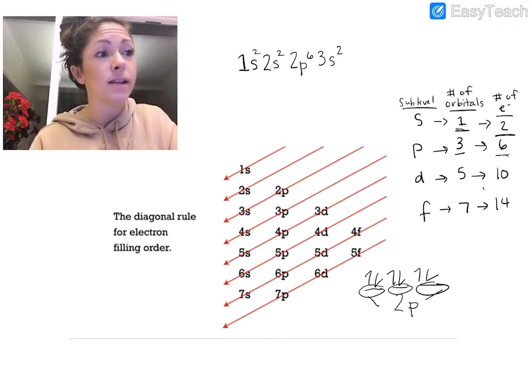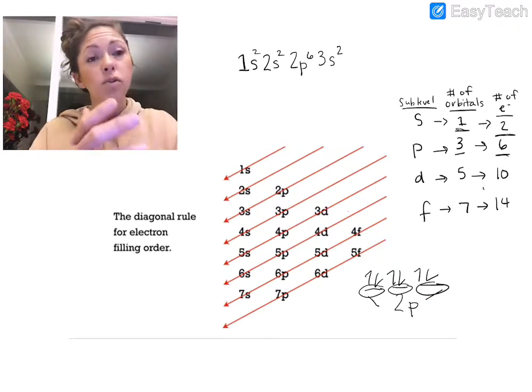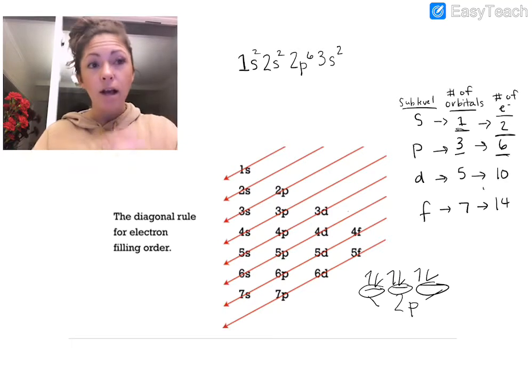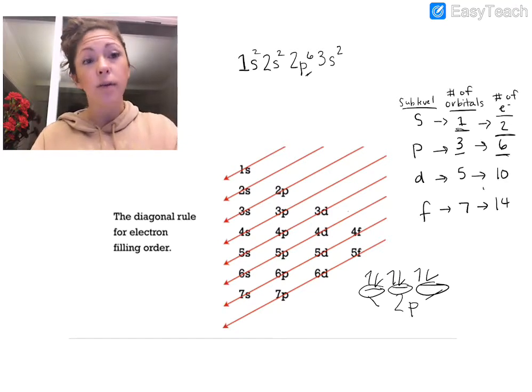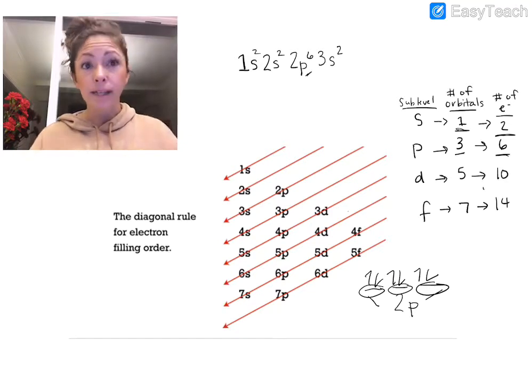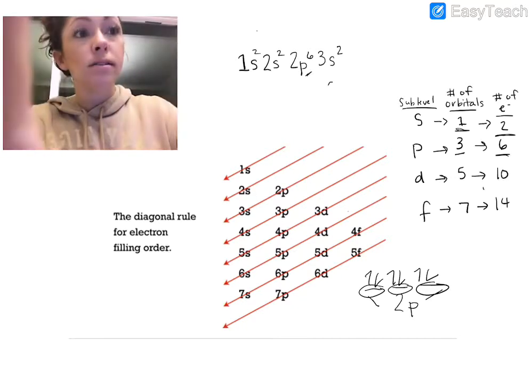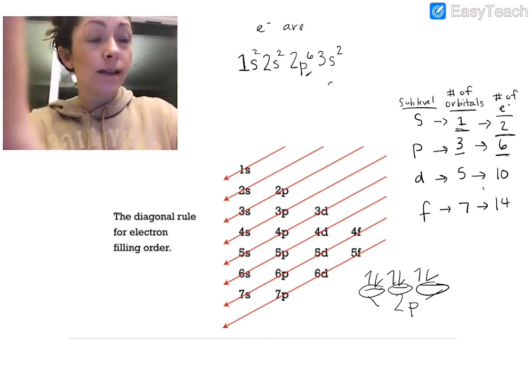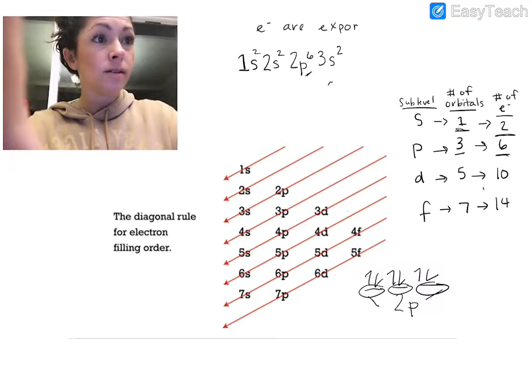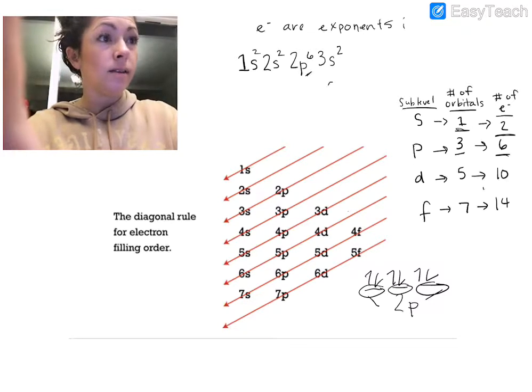So you'll never see more than a 6 next to a p. So electrons are exponents in electron configuration.